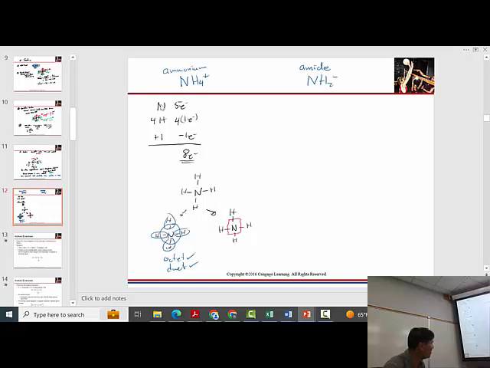If I slice the bonds in half, then one of the bonding electrons goes to this nitrogen and the other goes to the hydrogen. So how many electrons does nitrogen end up with? 4. How many is it supposed to have? 5 minus 4, which gives us plus 1. And so its formal charge is plus 1.